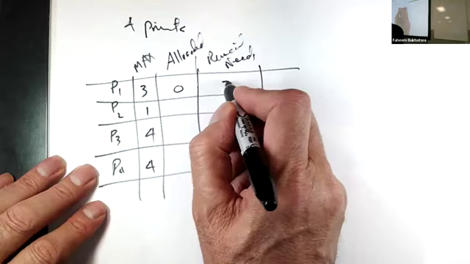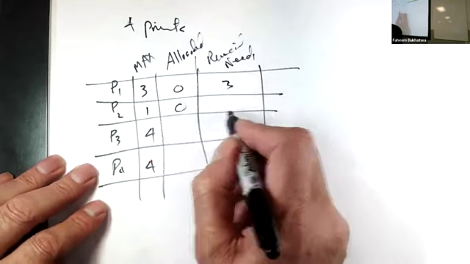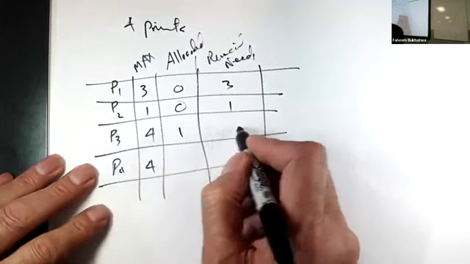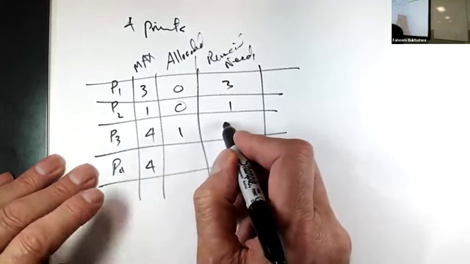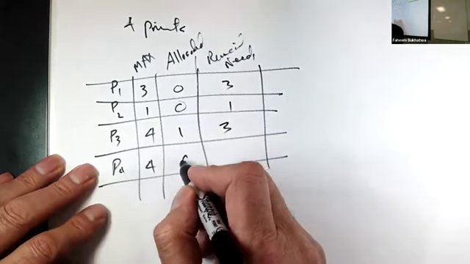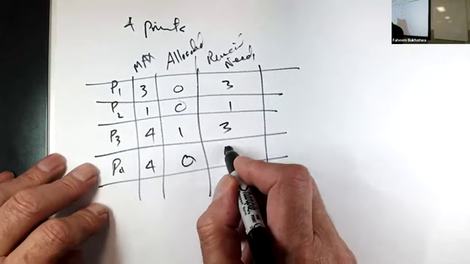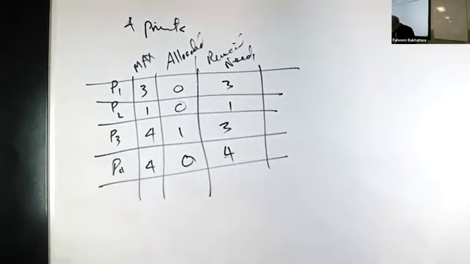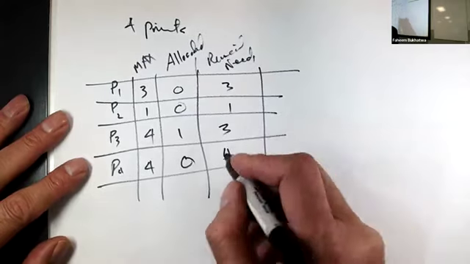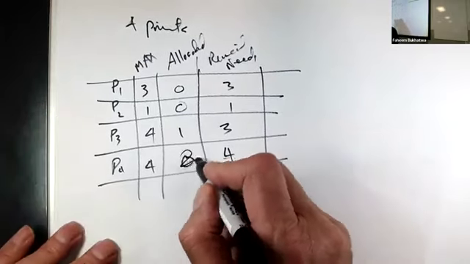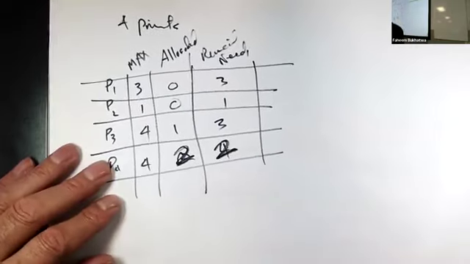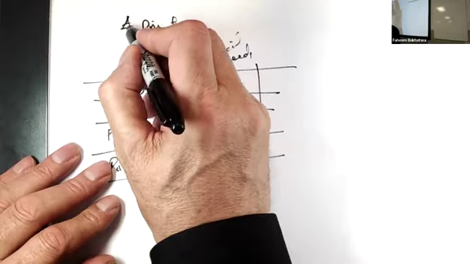So this one still needs 3, this one has got nothing, it needs 1, this one has got 1, it still needs 3, and this one got 0, it still needs 4. Or even 2, doesn't matter. 2, sorry, this one had 2 and 2. Sorry. All right. We have total of 4 printers.